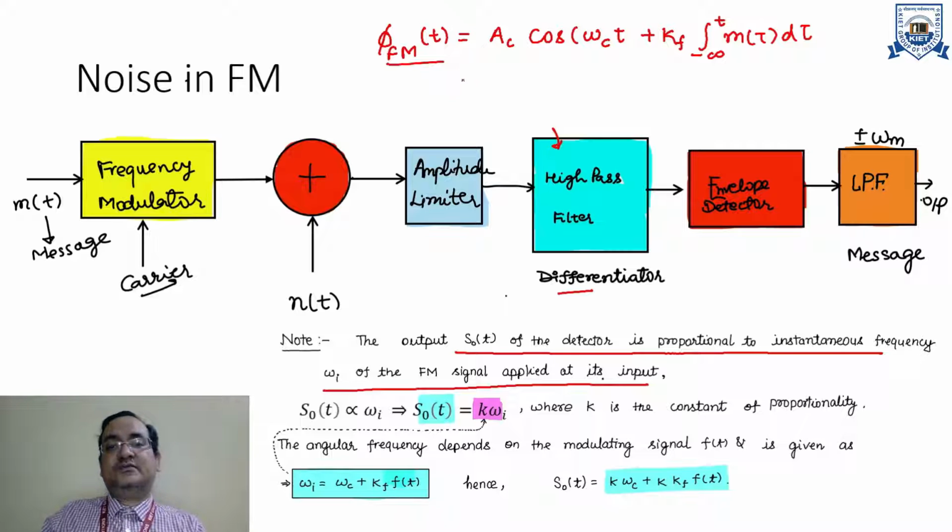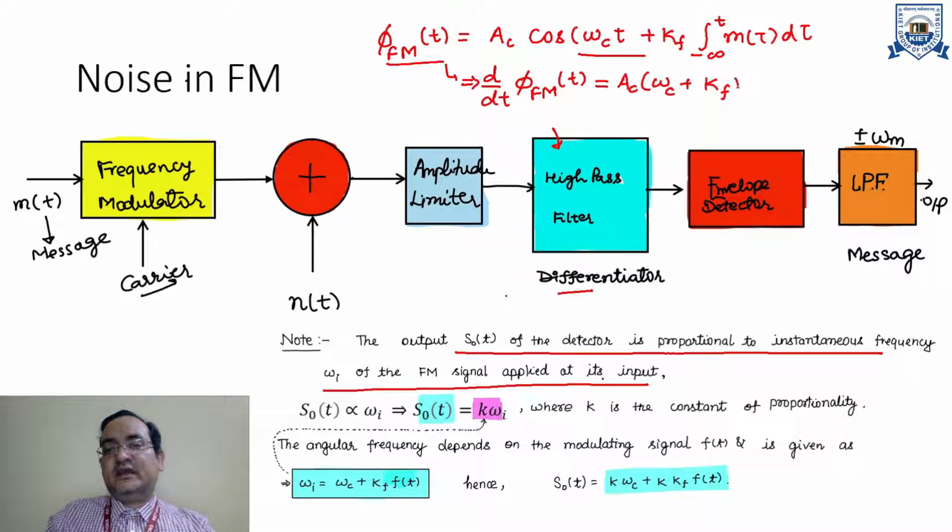So you will get the differentiation of this expression, d by dt of phi_FM(t), and its value will be AC times (omega_c plus k_f m(t)), and cosine will become sine, and so on.